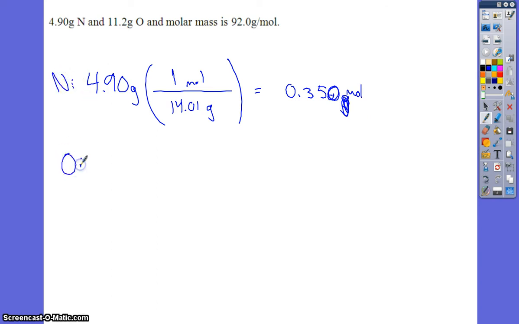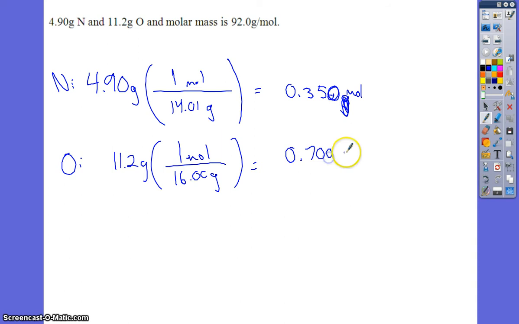For oxygen, I start off with 11.2 grams. Take that times 1 mole per 16.0 grams. That gives .700 moles of oxygen. Divide it through by the smallest.